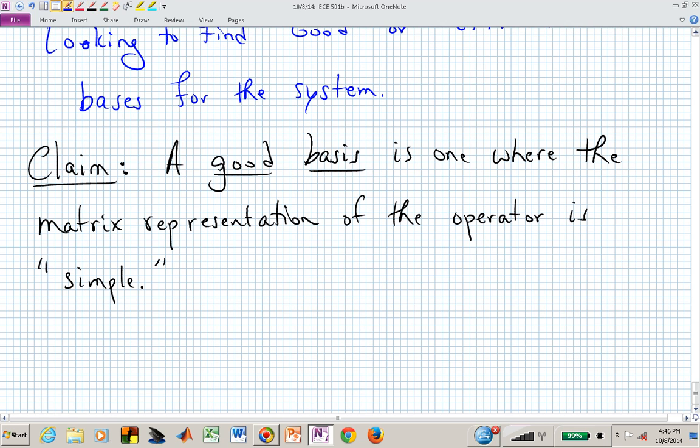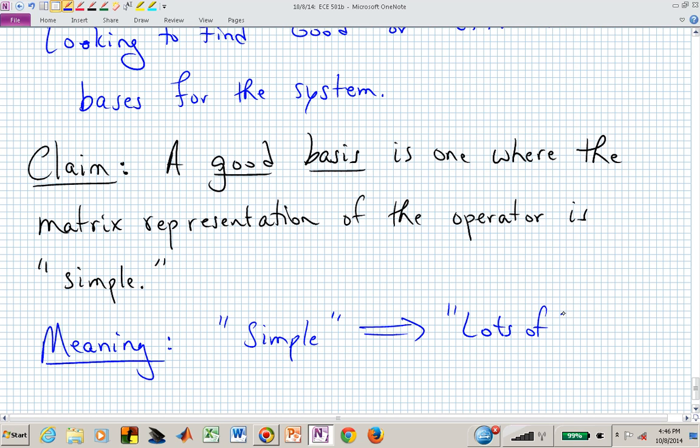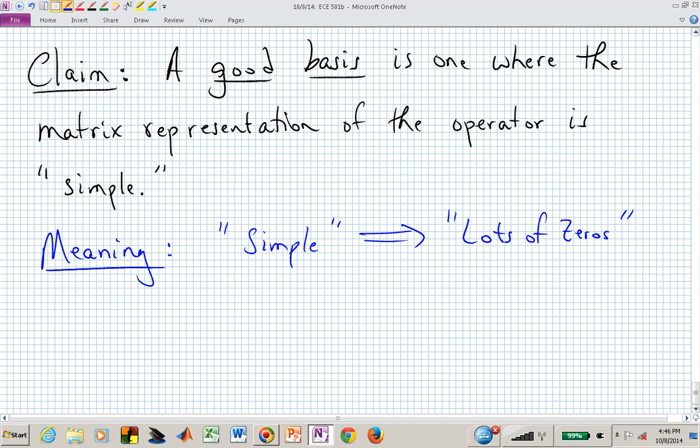The meaning that we are going to imply by simple is that we want our matrix representation to have lots of zeros. That's what we're shooting for.